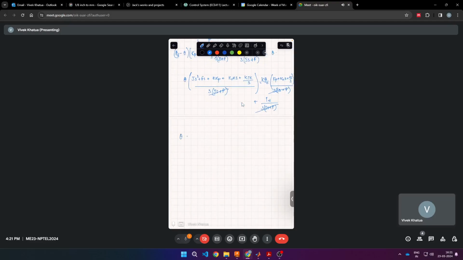Now let's just write our terms, right? K Kp plus K Kv s, s squared plus Ki divided by s, right? Here also we'll make it s squared.